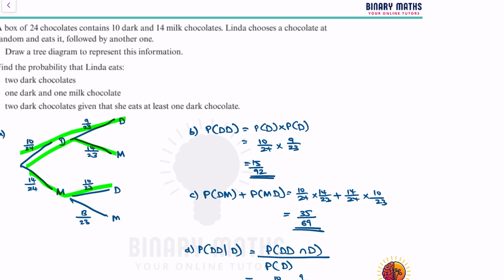I don't have enough space. I'm going to try to rewrite that so I do have enough space. So it's going to be 10 out of 24 times 9 over 23 plus 10 out of 24 times 14 over 23 plus 14 over 24 times 10 over 23. When we put this into our calculator, we end up getting 9 over 37.